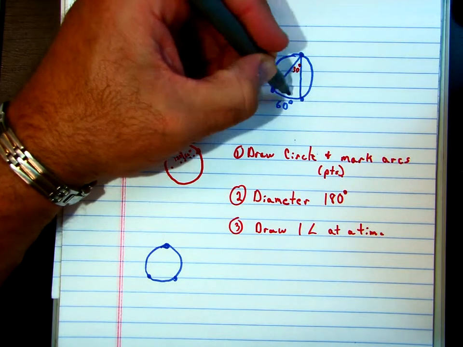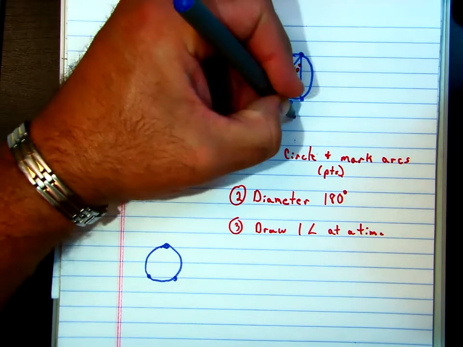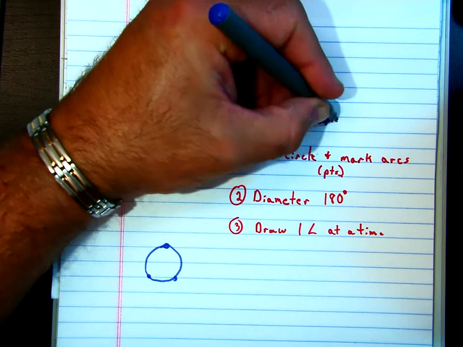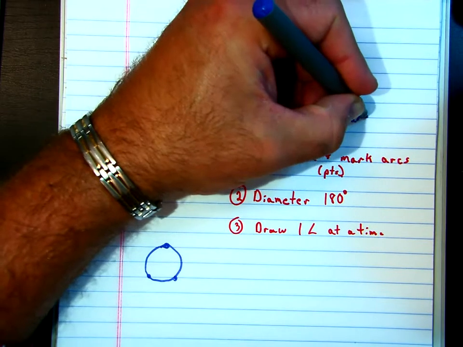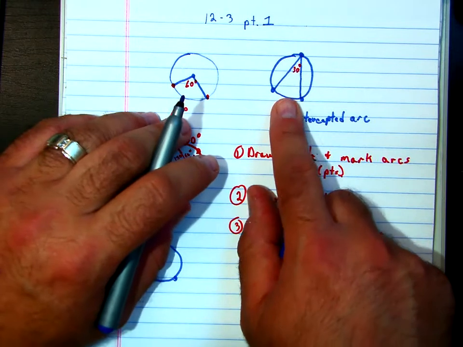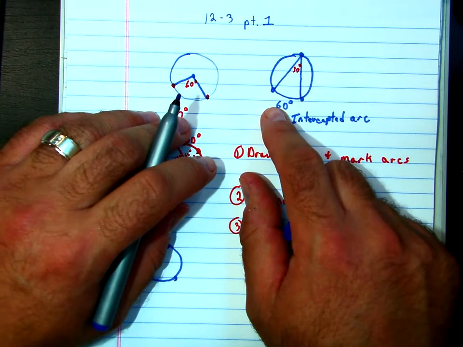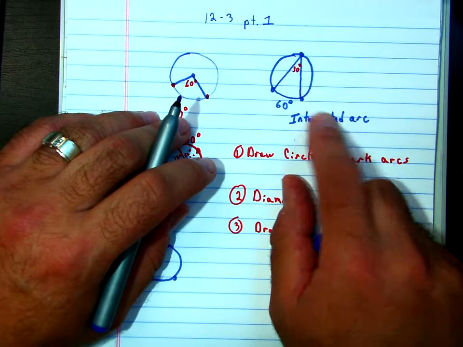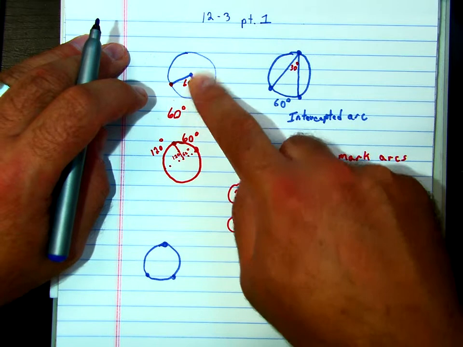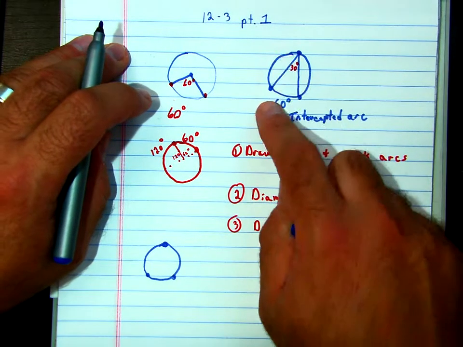But because it's relating to the angle, it's called the intercepted arc. The reason it's called the intercepted arc is because it is the corresponding arc. We used corresponding before, meaning matching. The problem is this doesn't correspond because it doesn't match. This corresponds. 60 corresponds with 60. They are matching. This is the intercepted arc because they're related, but they're not matching.